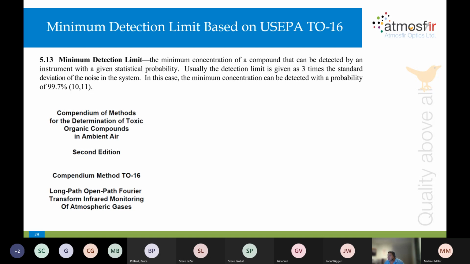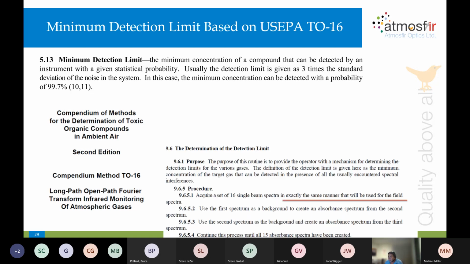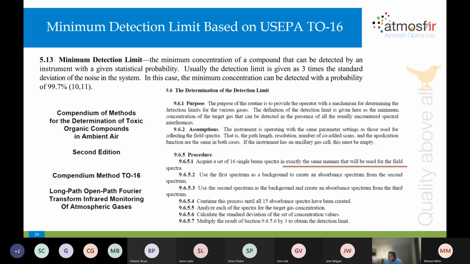Usually, the detection limit is given as 3 times the standard deviation of the noise of the system. There is a lot about how the procedure should be done, but I think most importantly, it should be done exactly in the same manner that we will use in the field.